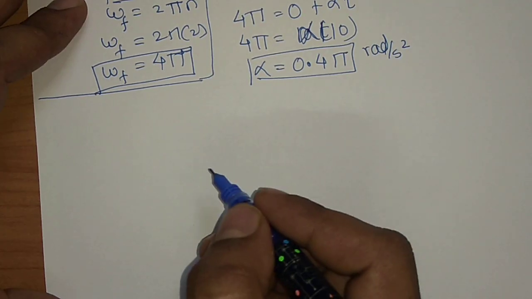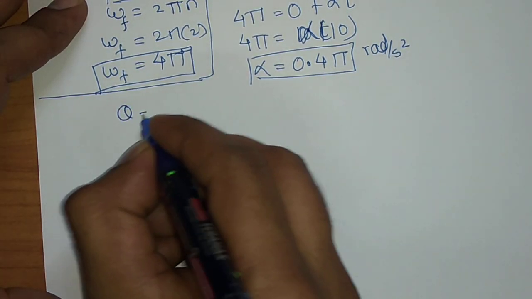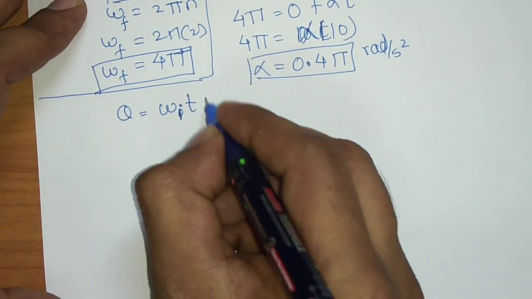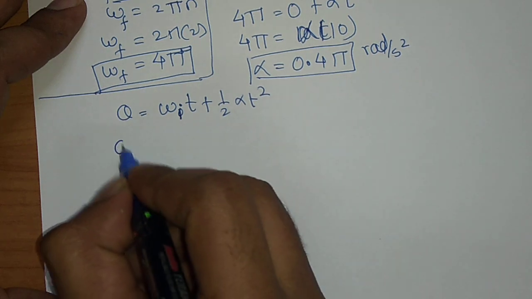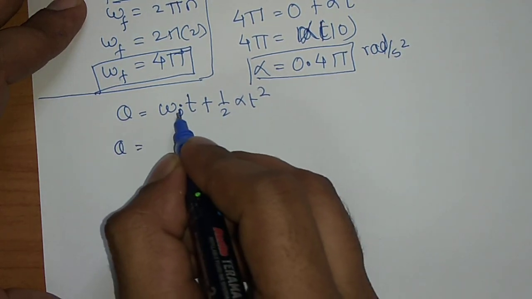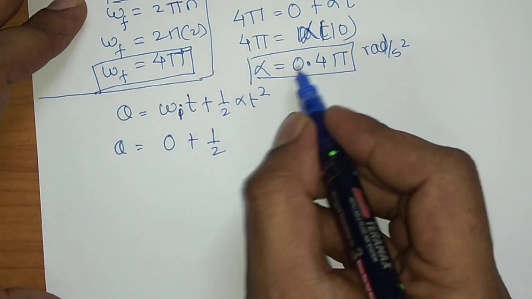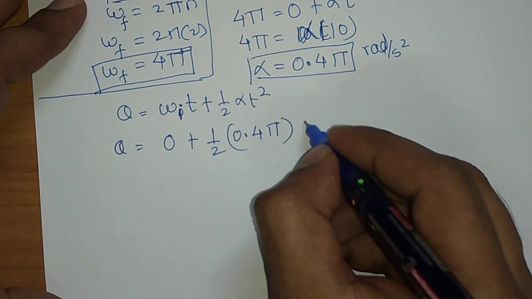Now we will try to find the total displacement. For that we will use the formula theta is equal to omega i t plus half alpha t square. So theta equals, what is the initial velocity? That was 0. So plus half, the value of alpha is 0.4 pi, the value of t is 10.